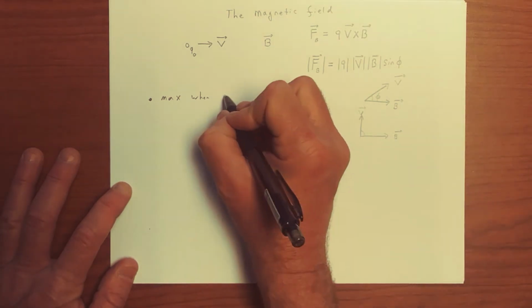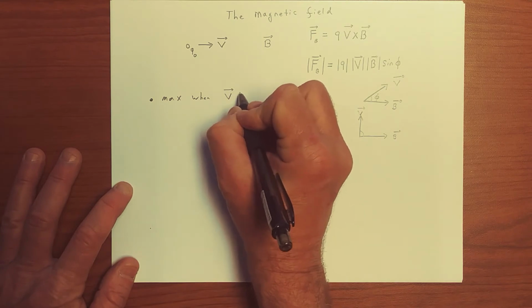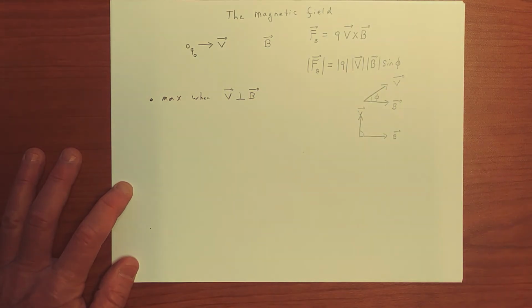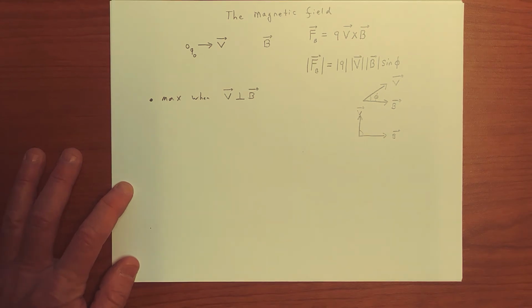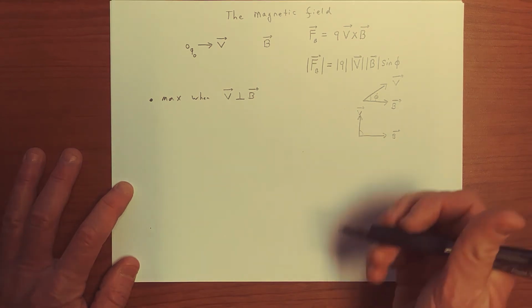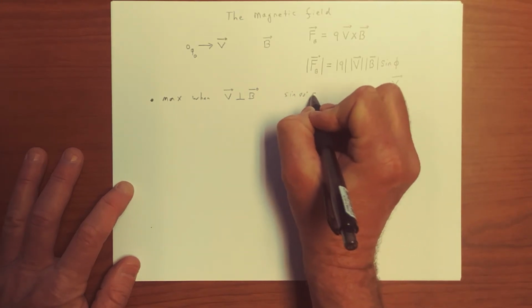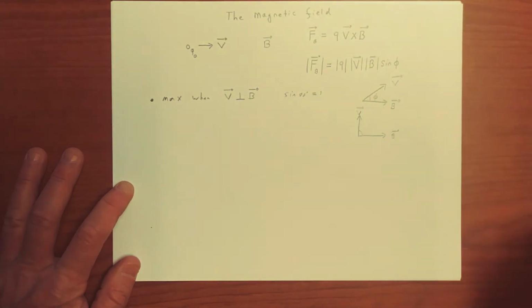So V cross B, these are perpendicular vectors, and then we'll get the maximum force because then we have the sine of 90 degrees, which is 1. So that's the most that this can be.